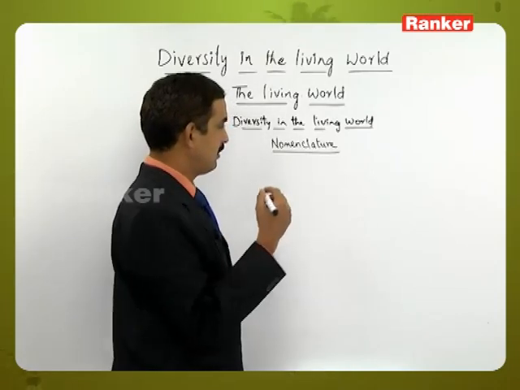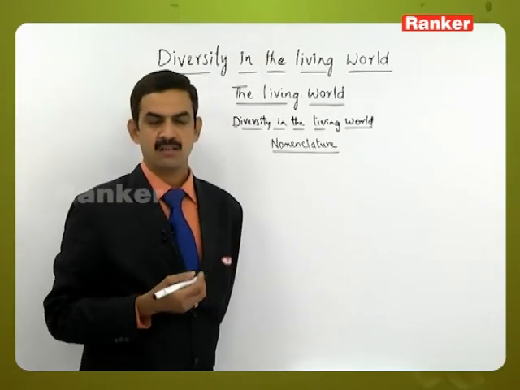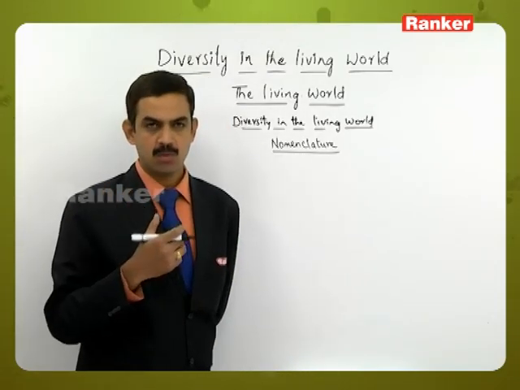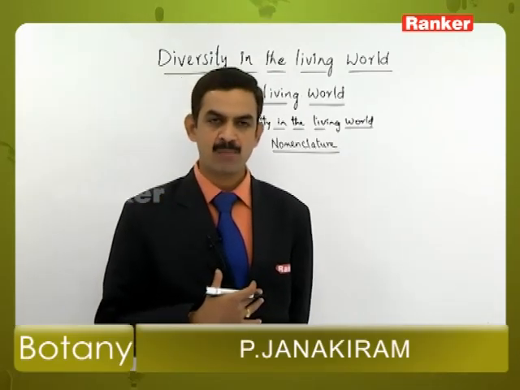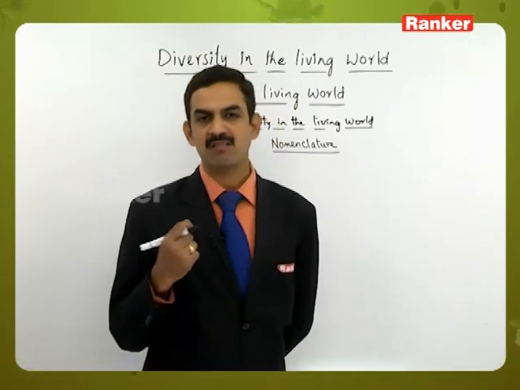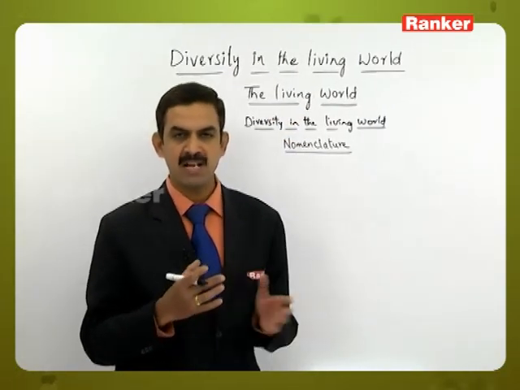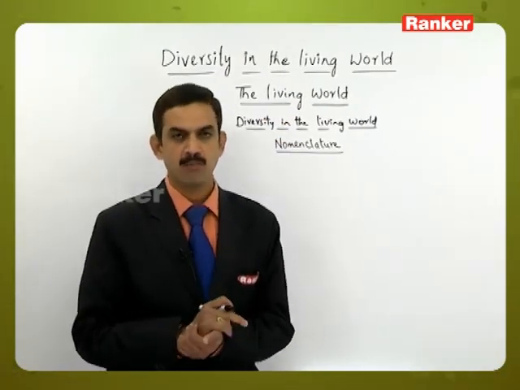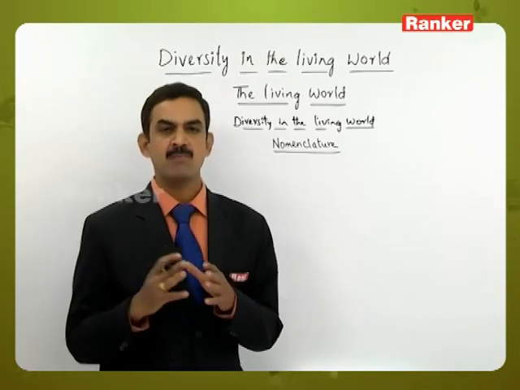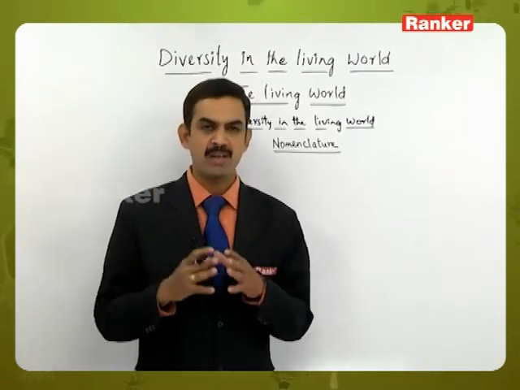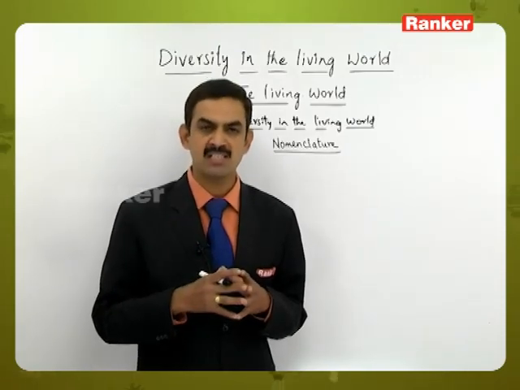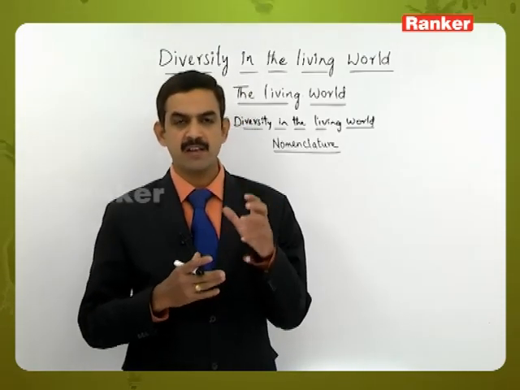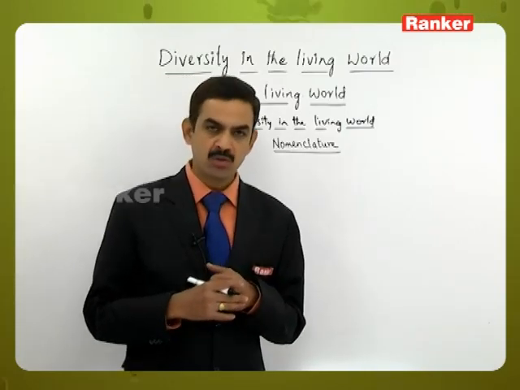Many scientists came to say that some system has to be followed for naming plants, because earlier they used common names in vernacular languages, which may lead to a lot of confusion, because the name may be known in a particular area but may not be useful for identifying the plant species in some other area. That is the difference which leads to confusion.